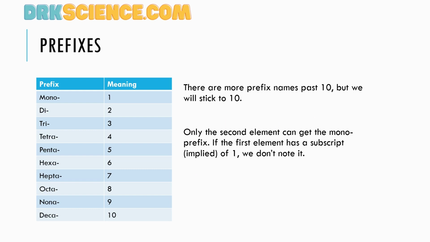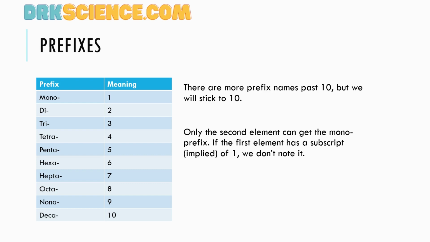For the prefixes, these are the first 1 through 10 prefixes. There are more prefix names, but we're going to stick to 10 for this. Only the second element can get the mono prefix. So as I said before, with the first element, if it has a subscript of 1 or no subscript, which is an implied 1, then that first element will just be the element name.